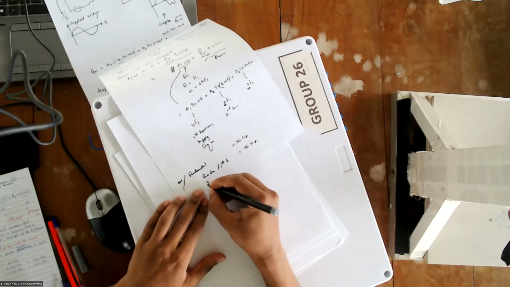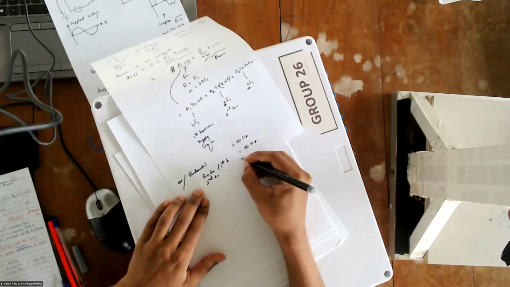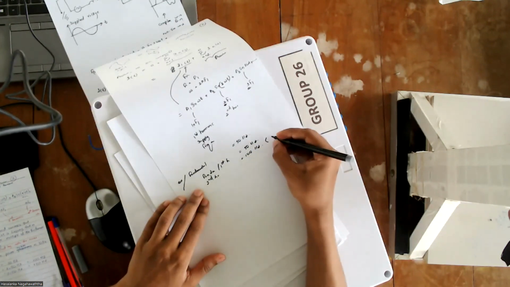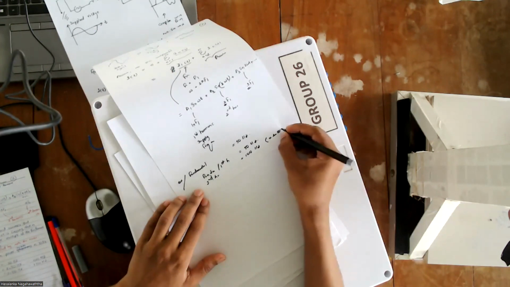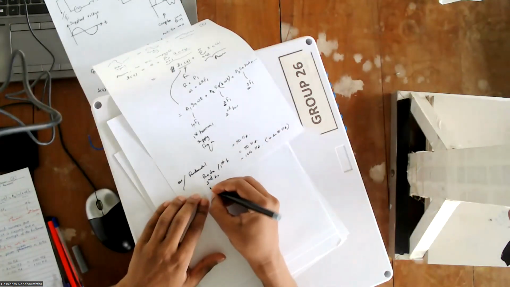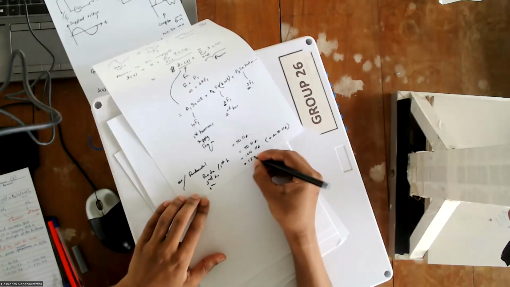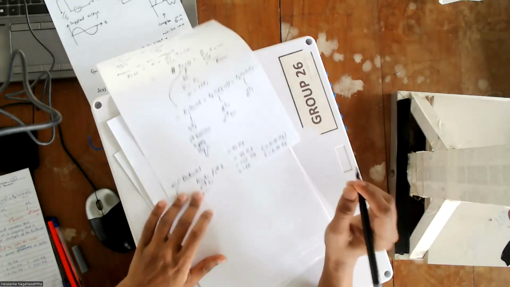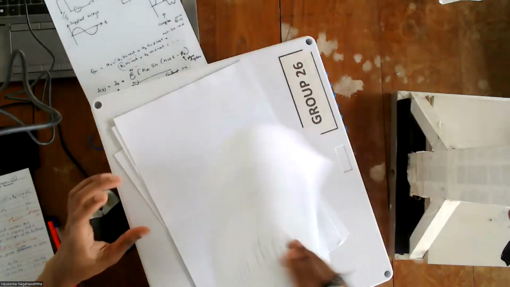If you need to find the second harmonic it is 100 Hertz, which comes as 2 times 50. And the third harmonic is 150, 3 times 50 Hertz.